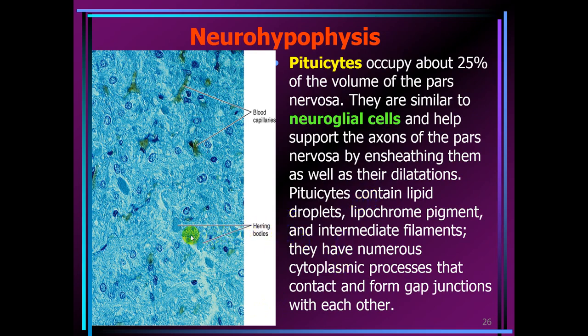Pituicytes can contain lipid droplets, lipochrome pigment, and intermediate filaments. They have numerous cytoplasmic processes and form gap junctions with one another.